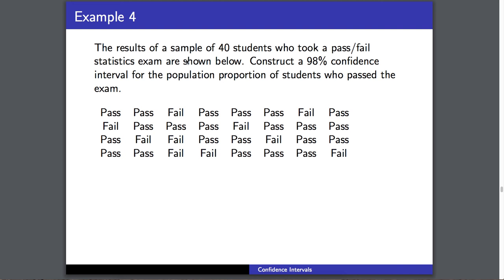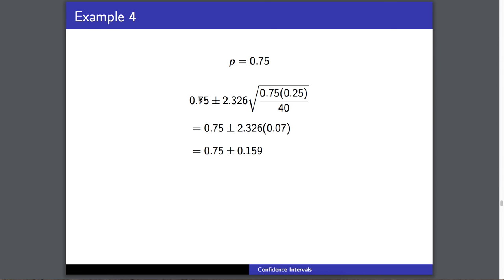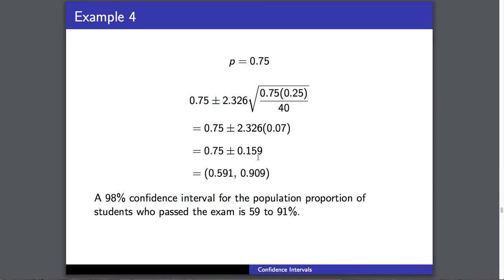So again, if we had to calculate these by hand, probability of success is 0.75, calculating it out, our margin of error this time is 0.159, or about 16%. So we got between about 59 to 91%.